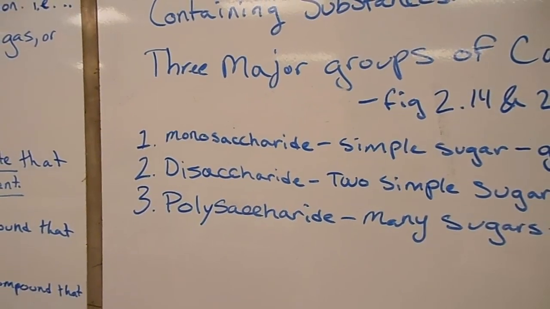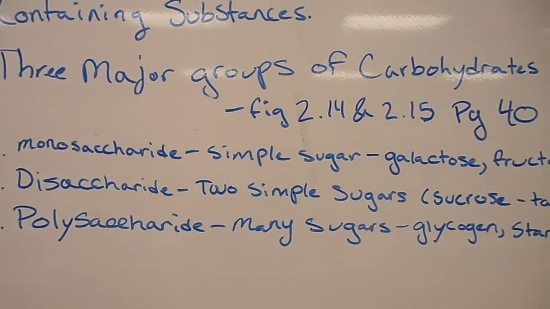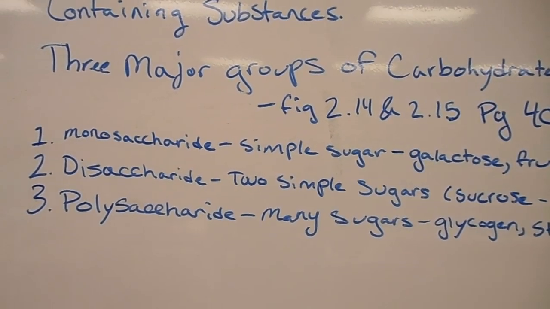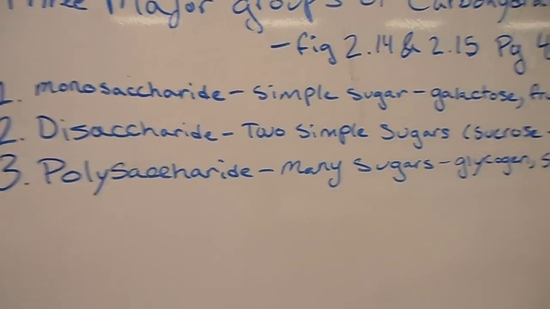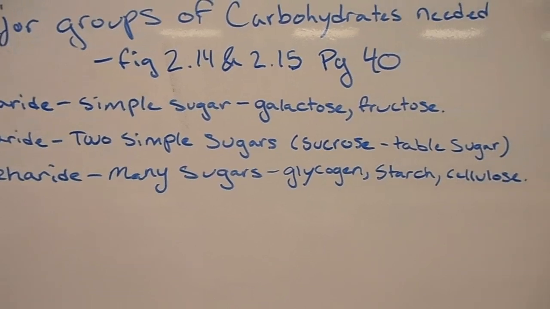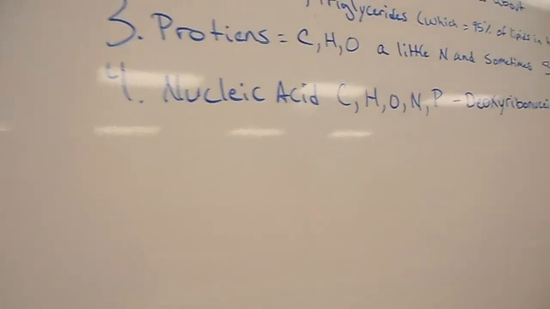The second is disaccharide, which is 2 simple sugars, sucrose or table sugar. 3 is polysaccharide, and that is many sugars, glycogen, starch, cellulose, that sort of thing.